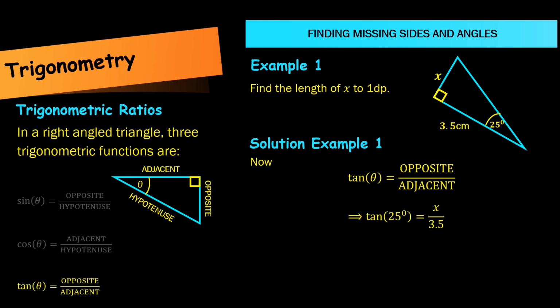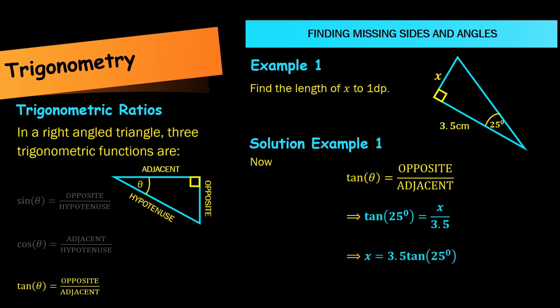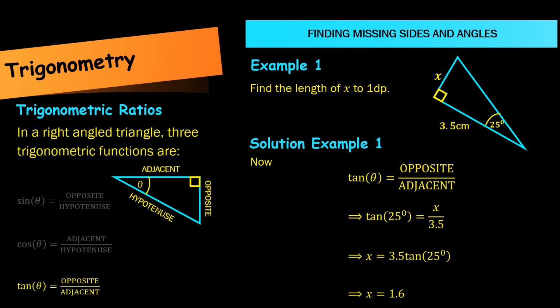Substituting in the values gives us tan 25 degrees equals x, which is the opposite, over 3.5 centimeters, which is the adjacent. Rearranging the equation gives us that x equals 3.5 times tan 25 degrees. And therefore, x is equal to 1.6.